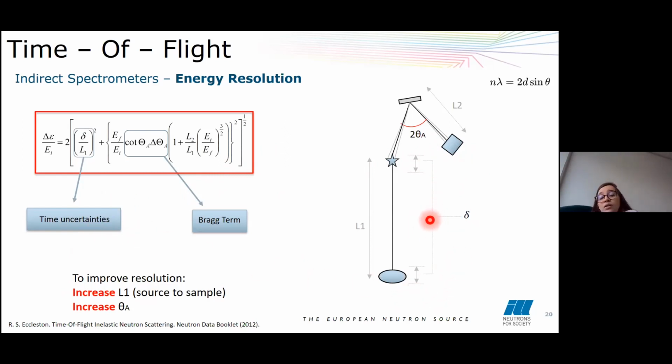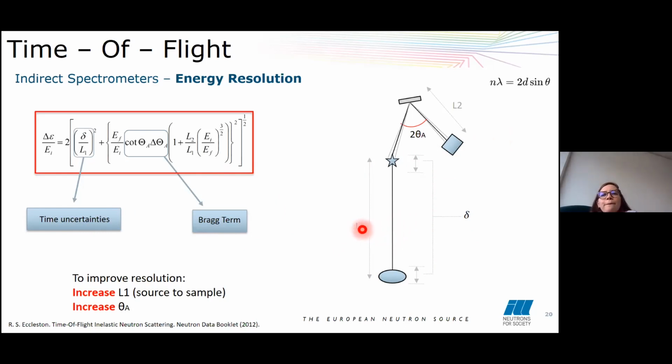Increasing L1, for example, which is the distance between the source and the sample, would improve resolution. But here again, there are physical and instrumental limitations. Another possibility for this would be increasing theta A.